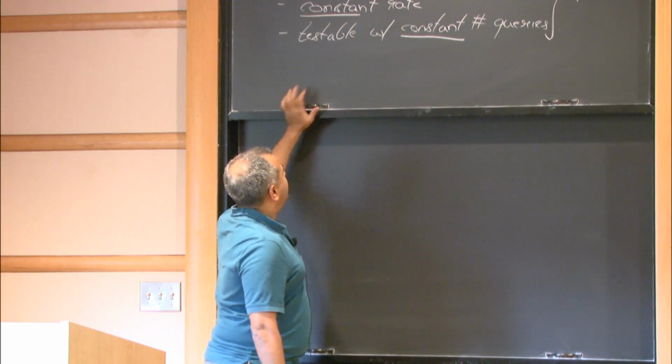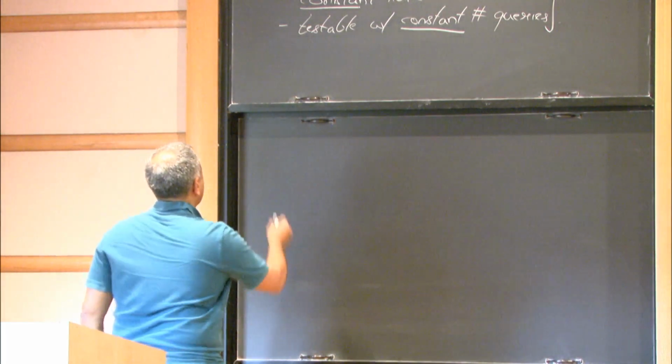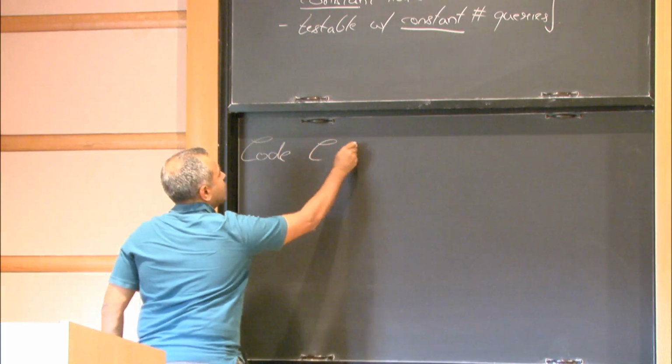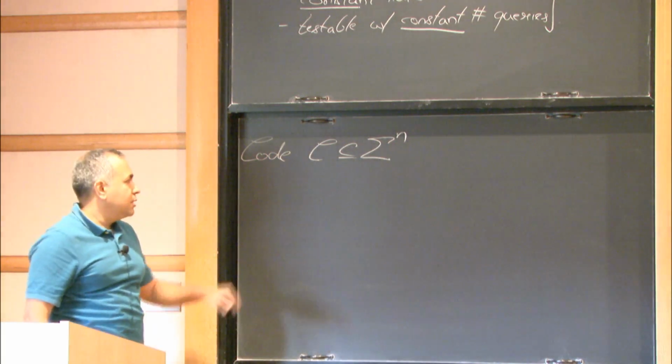So just a quick primer on what a code is. A code is just some subset of Sigma to the n.